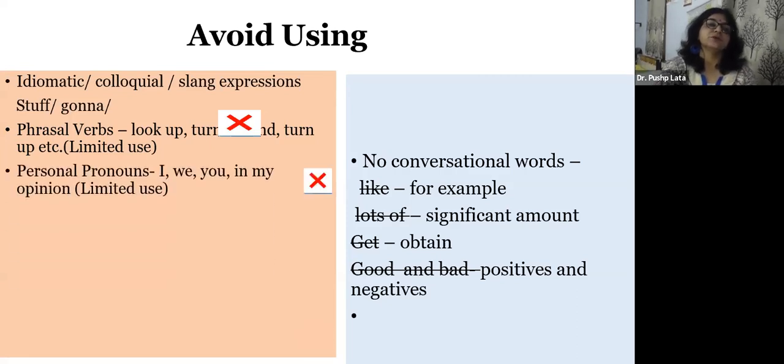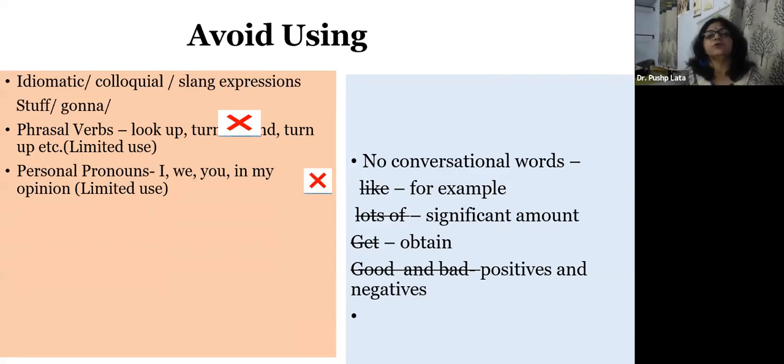Personal pronouns. There are a few journals or universities which accept the use of I and you, but very restricted. But most of the journals still believe that we should avoid using personal pronouns: I, we, you, in my opinion. They believe that it's a formal piece of writing.